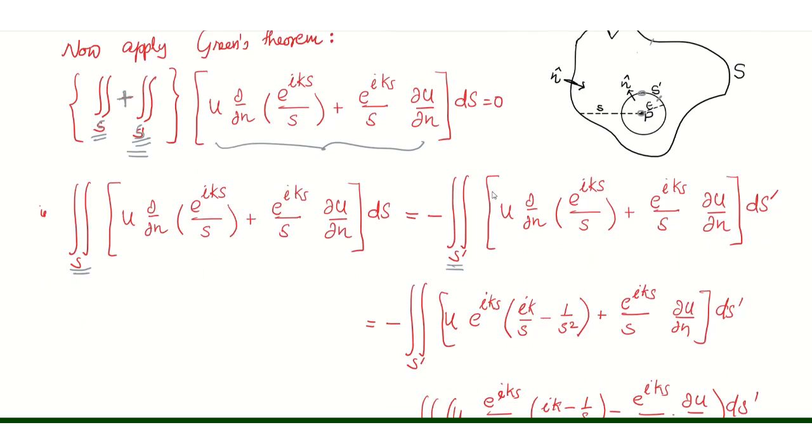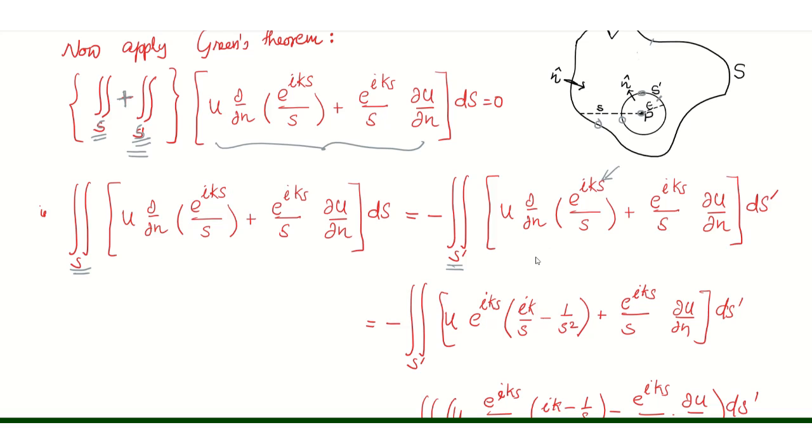Okay, this s here, remember, it's not the surface, it's the distance, and therefore you can represent both distances from P to the surface S and S prime with the same variable s. You take the differentiation.